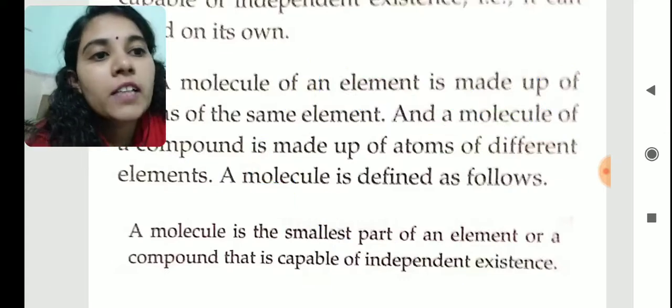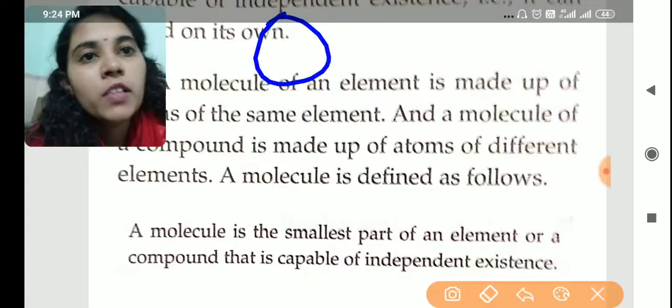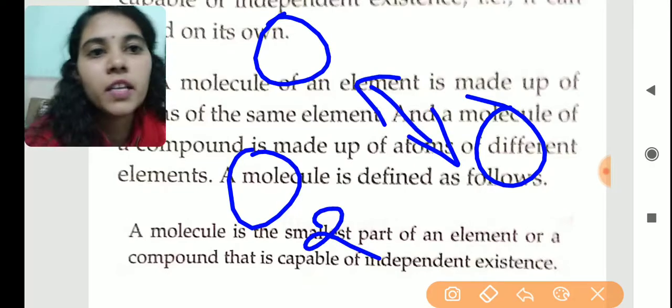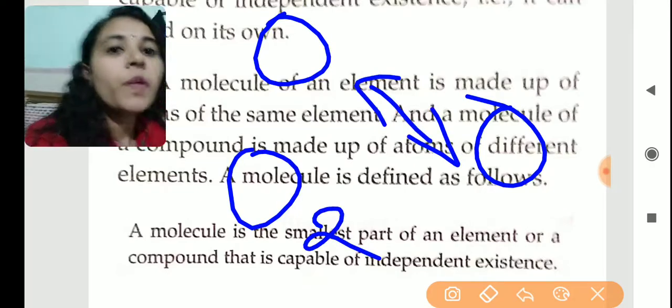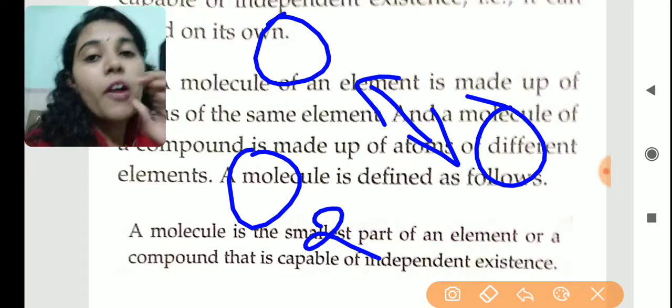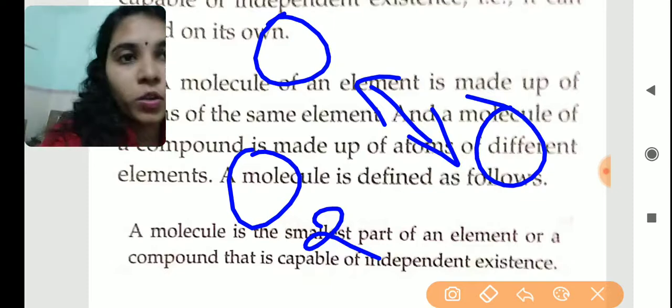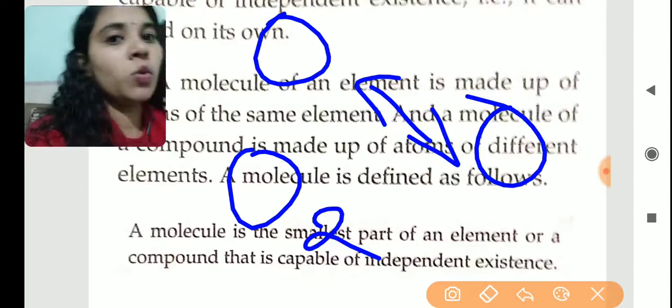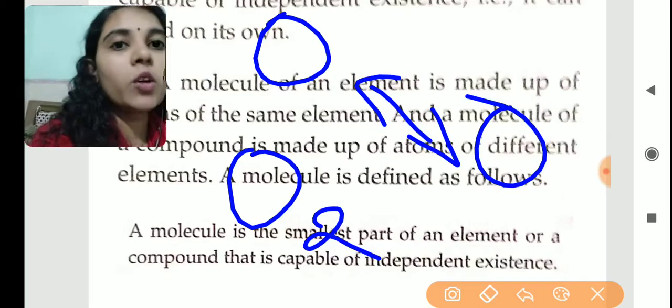For another example, one O is there, another O is there. They will join together to form O2, the oxygen gas that we are breathing. Same element will be present like O and O2, H and H2, Cl and Cl2, chlorine gas.